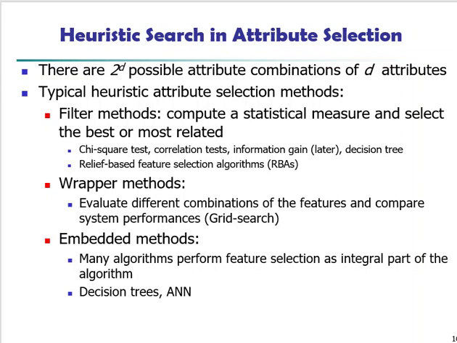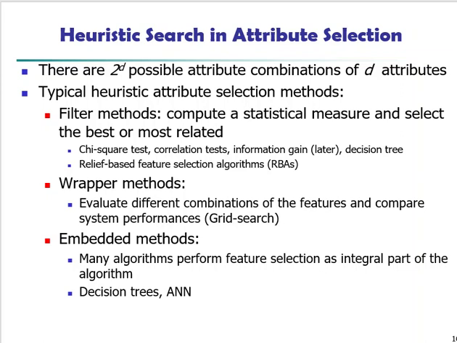This can partially address the issue of overfitting. You are not actually testing out every combination of the features and the hyperparameters. So grid search and random search are two popular methods in wrapper methods.